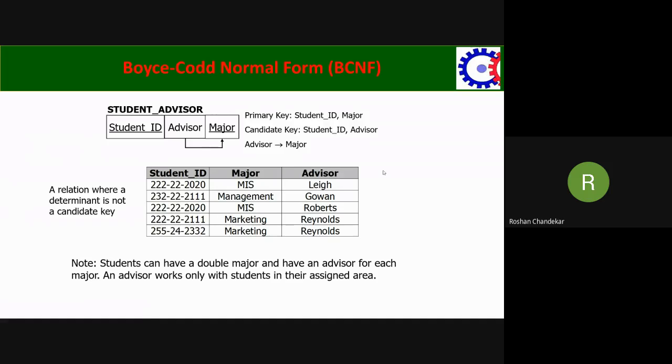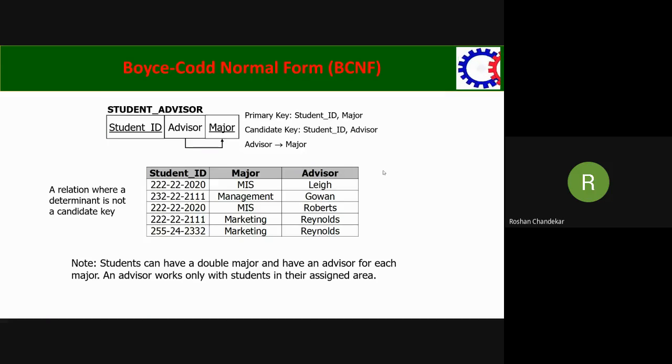Marketing, Reynolds. So this is a relation where a determinant is not a candidate key. No doubt, a student can have a double major and have an advisor. For each major, an advisor works only with students in their assigned areas.